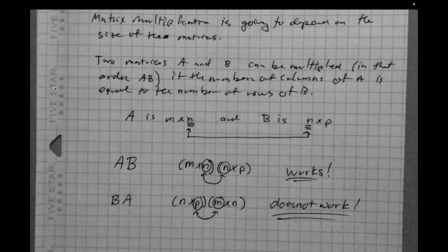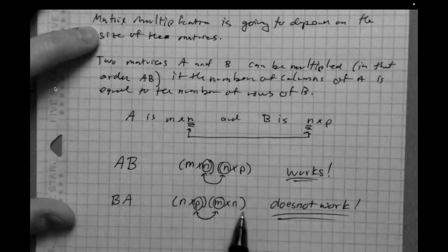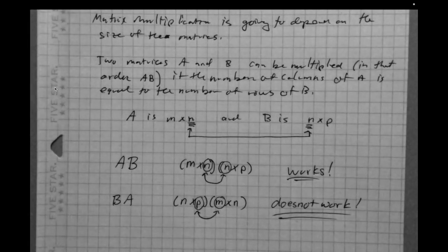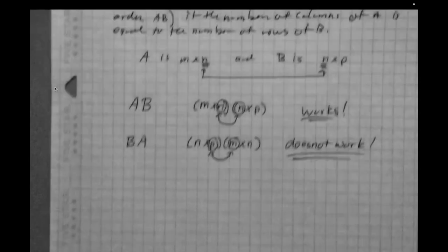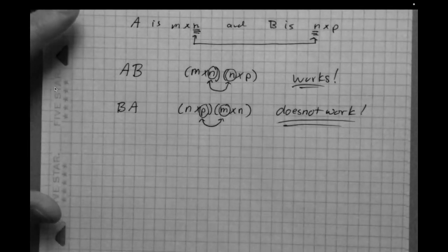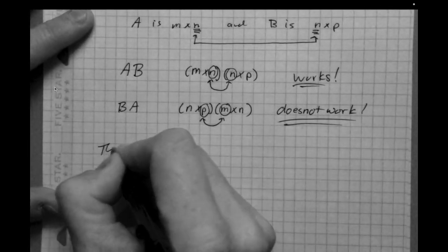And what ends up happening when I multiply two matrices together is that I get a new matrix, obviously. And what are the dimensions of the new matrix?